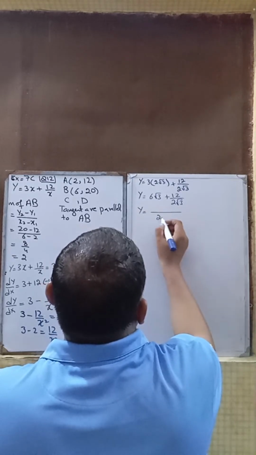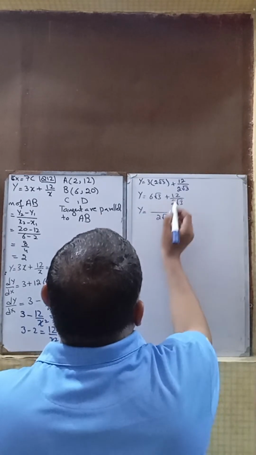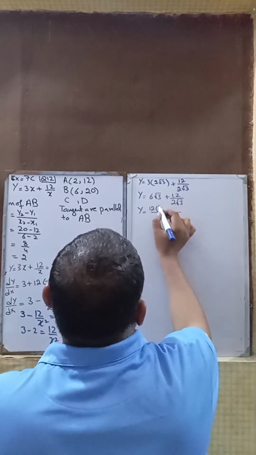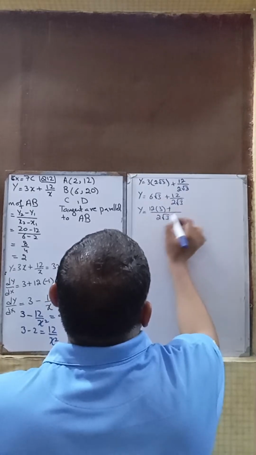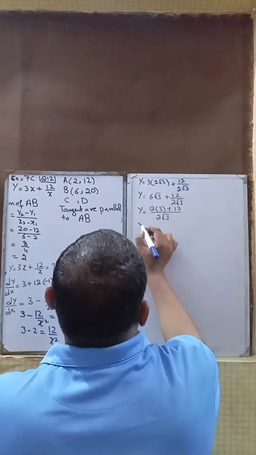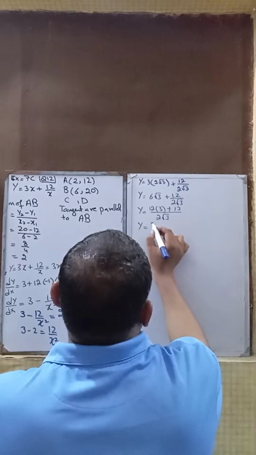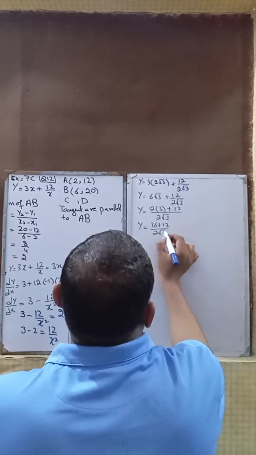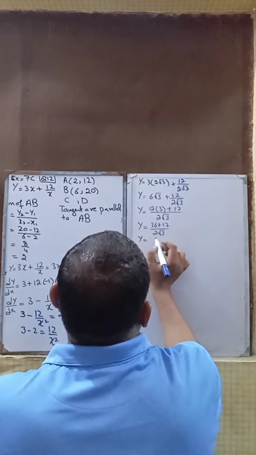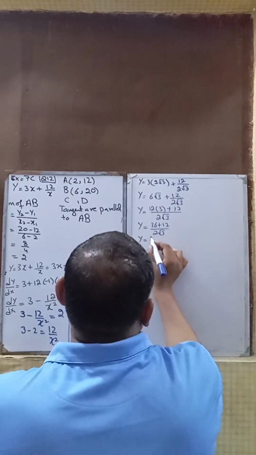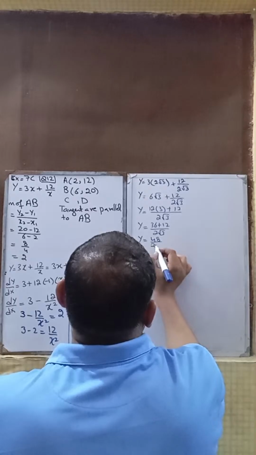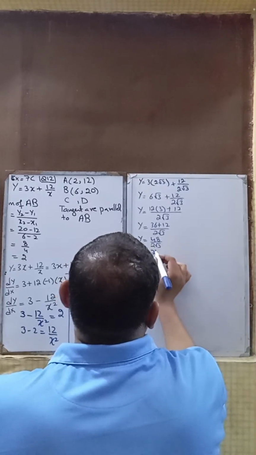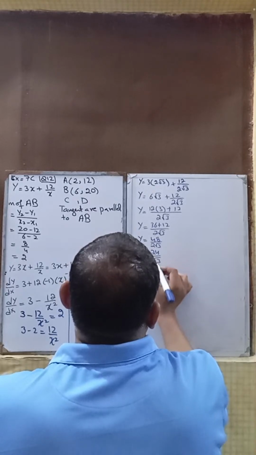Take the LCM: 6√3 times 2√3 is 36, plus 12, divided by 2√3. So y will be equal to 48 divided by 2√3, so y will be equal to 24 divided by √3.